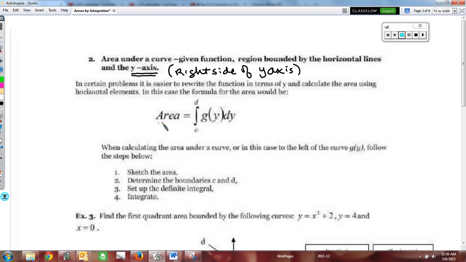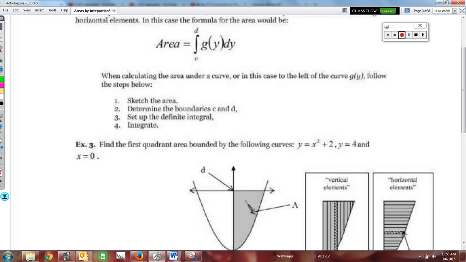But now notice also that I'm making some changes here. When I am looking at this one and I want the area between the function and the y-axis, I have to change my perspective. When I am looking at this figure, I don't want to draw my rectangles vertically like I would if I was finding the area to the x-axis.